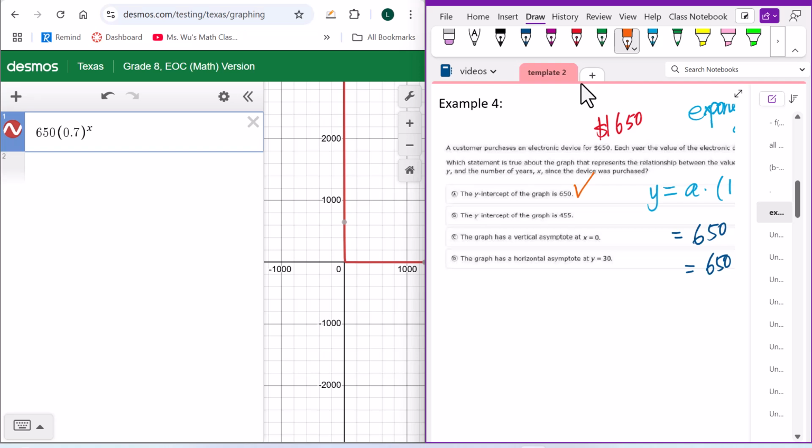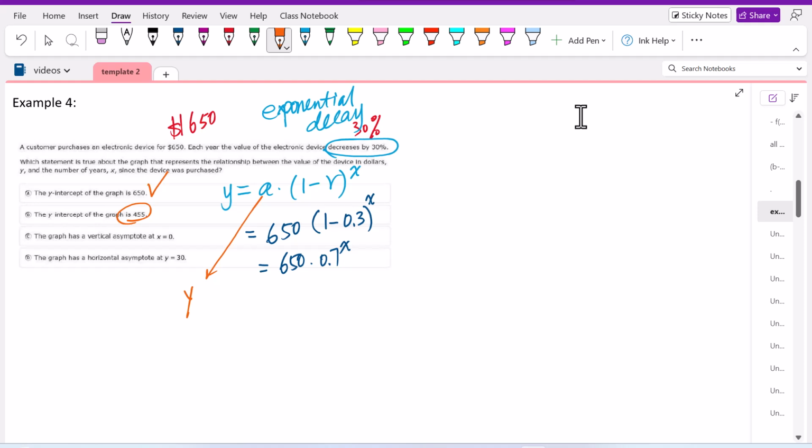See where it's wrong. The y-intercept of the graph is 455. No, this is wrong. Remember, this a is the y-intercept, and also called the initial value. Let's go to C. The graph has a vertical asymptote line.